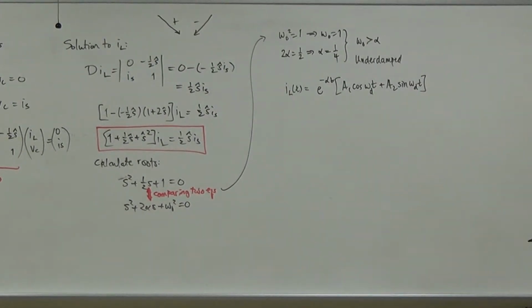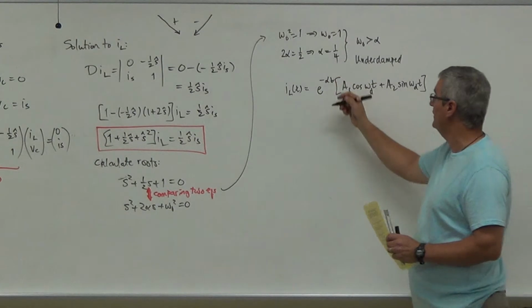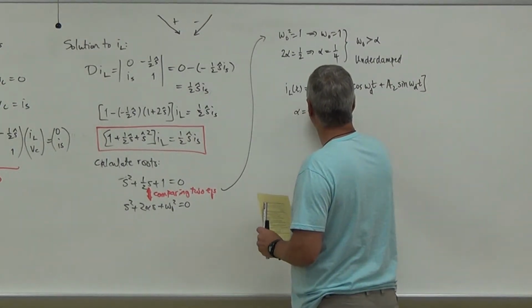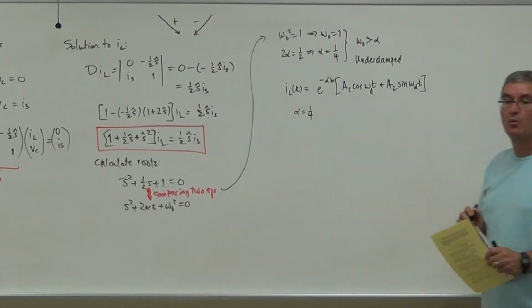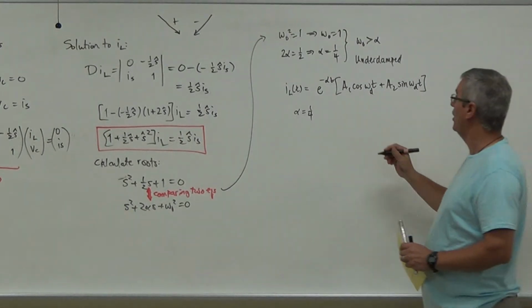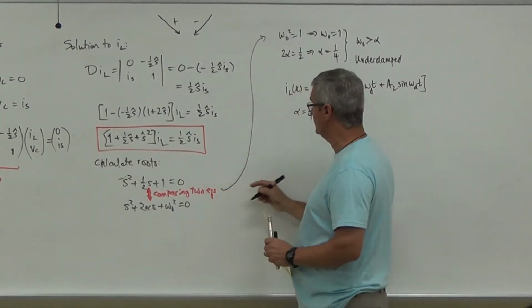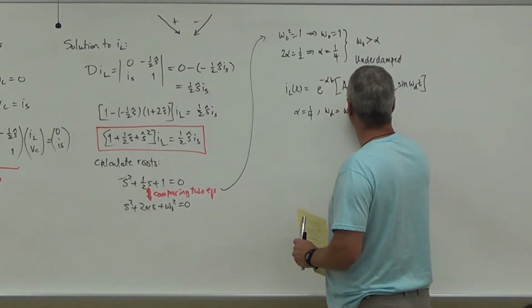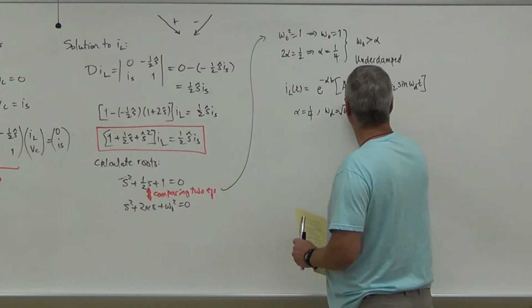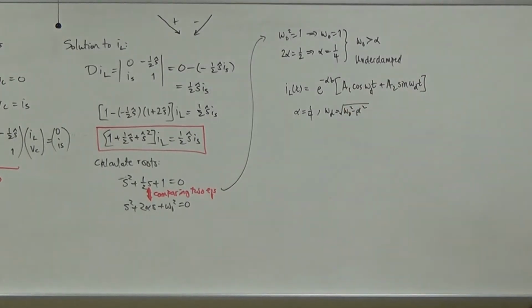Okay, so what's alpha in my solution? Well, alpha is equal to 1/4. What is omega d? Omega d, from what we talked about earlier, is the term that reads what? Square root of omega naught squared minus alpha squared. So I got to get those two things here.